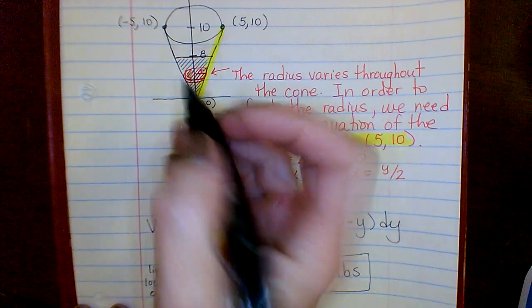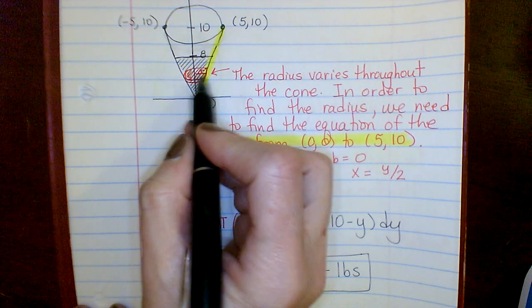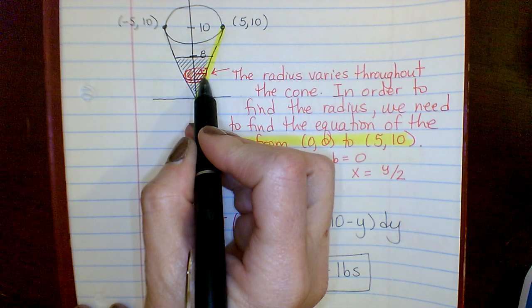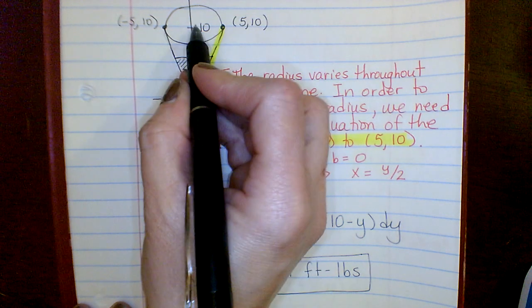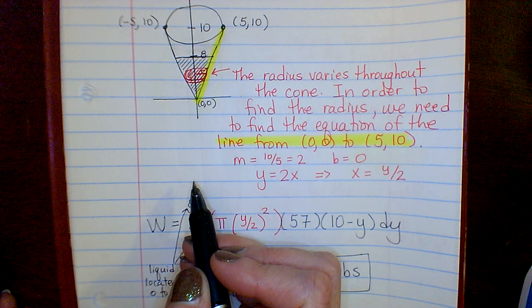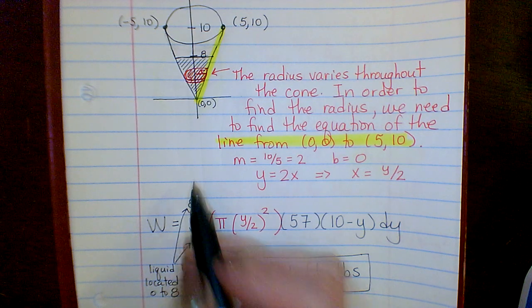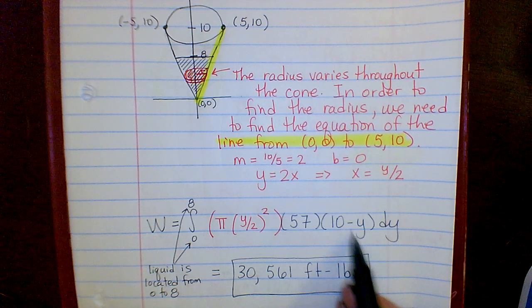So how far does this little slab have to go? If this little slab right here is at, say, 3 feet, well, it's got to go from 3 to 10. So it's got to go 7 feet, right? Because you have 10 minus 3. So it's 10 minus the y value of your slab.